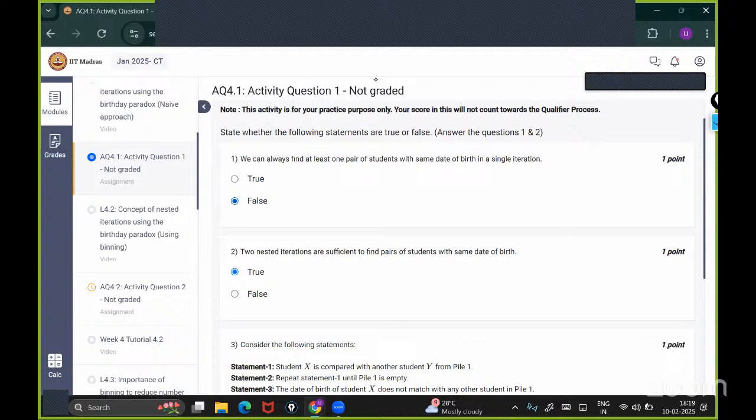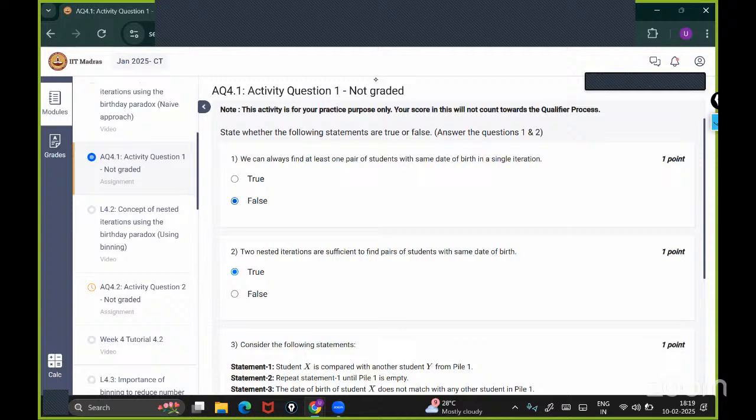Yes, exactly. So what we will do in general is first we'll take the first card. If you have watched the lecture, you would have a better idea. First we take the first card and then check it with the upcoming cards, like the second card and then the third card, and it keeps going until we find the match. Similarly, we have to take the second card and do the same process. So every time it's an outer loop and then an inner loop.